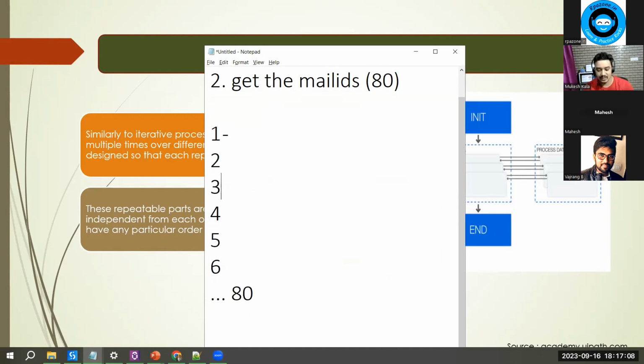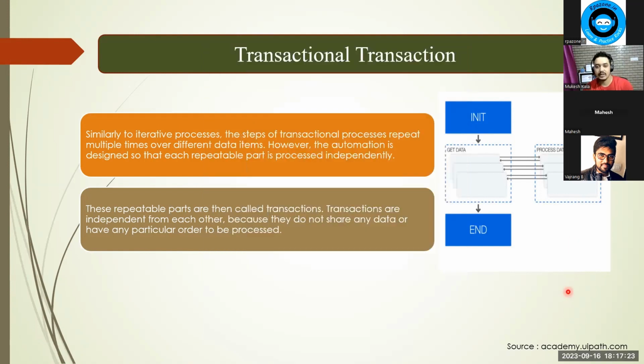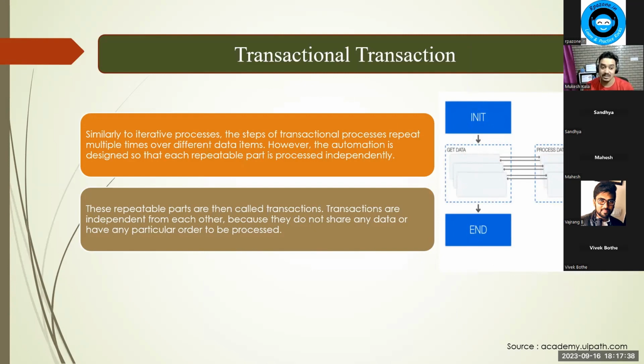In case transaction number 3 fails, or gets successful, you have no relationship, nothing to do with the other items, because all of those are now separate transactions, and that is what is called transactional processing. Now if you see this diagram, in the transactional processing, all this data is separate, and if you see this arrow, the processing is also separate, right?